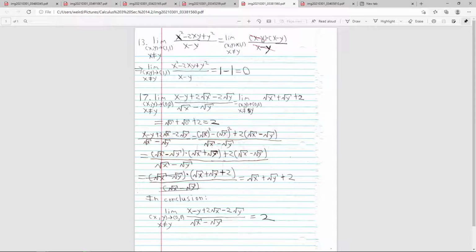It's x minus y squared, a perfect square. Regardless, it's x minus y times x minus y, divided by x minus y. So it just becomes x minus y, and x minus y is 1 minus 1, so it's equal to 0.